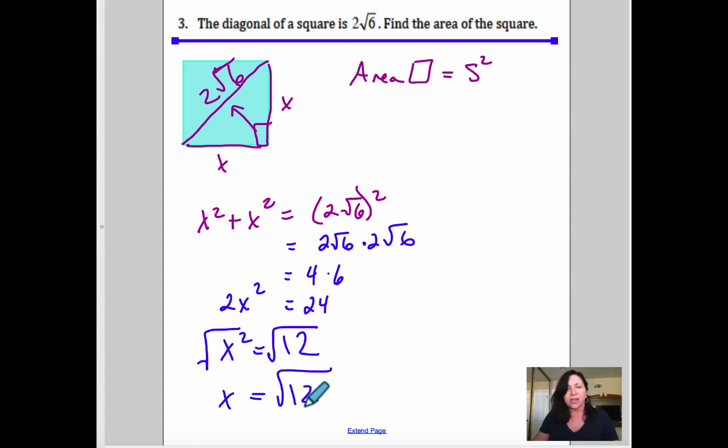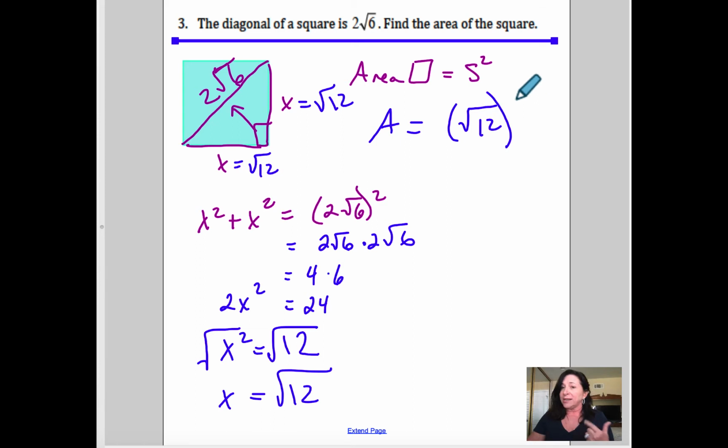Now, yes, I can definitely reduce that, but I'm going to hold off on reducing that right now because I'm going to use that to find the area, because my area is one side, which is the square root of 12, quantity squared.